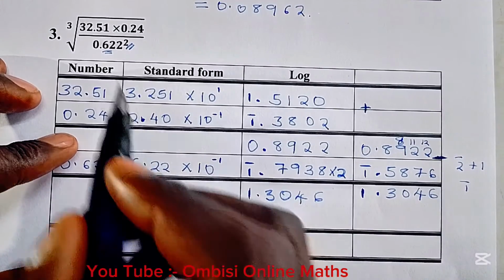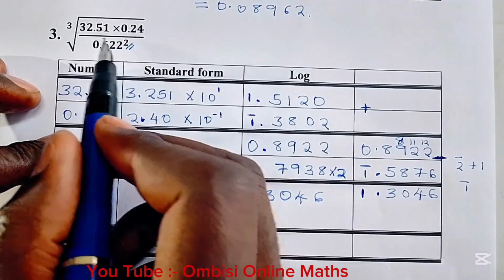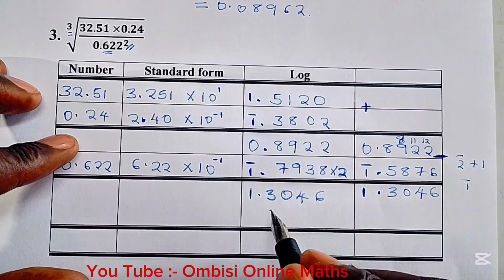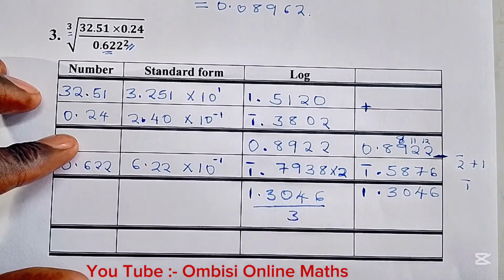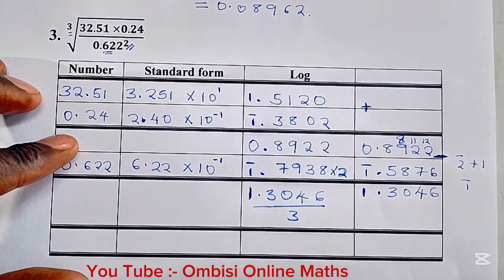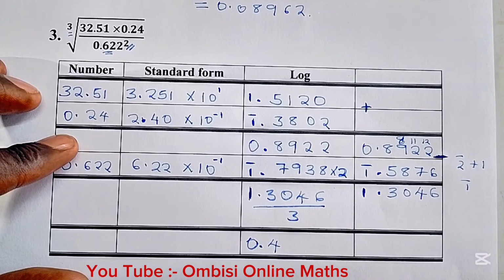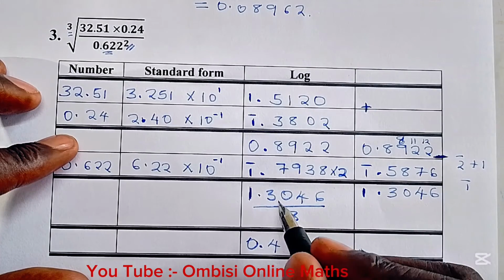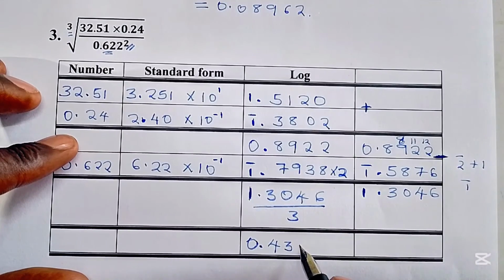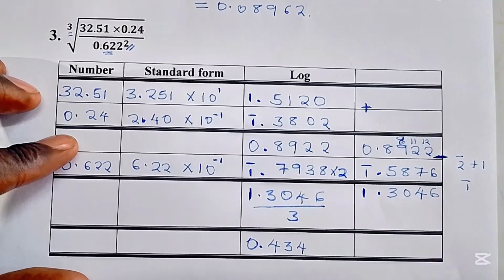This number here is what is inside under the root. But it is to which order? Order 3. So you multiply by a third or you divide with 3. If you divide with 3, this one is a positive number, so division takes place. 3 into 1, it is 0 point, carry 1. Into 13, it is 4 because of 12. Carry 1 into 10, it is 3 because of 9. Carry 1 into 14, it is 4 because of 12.